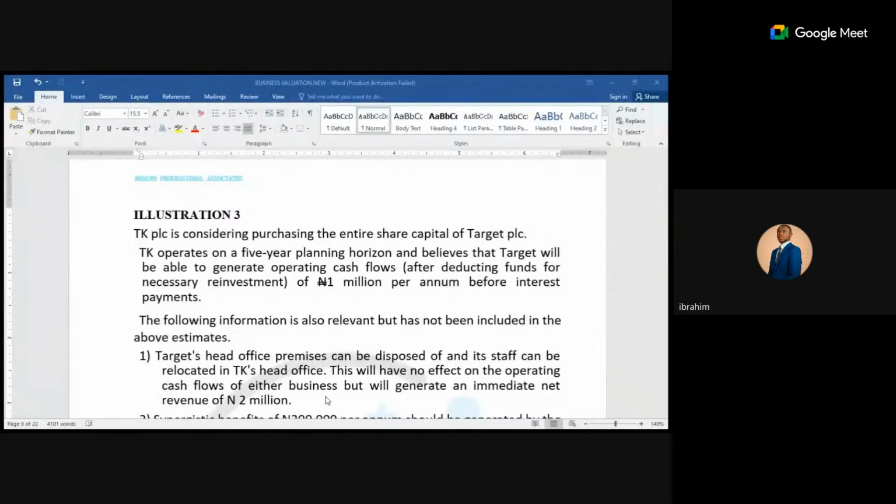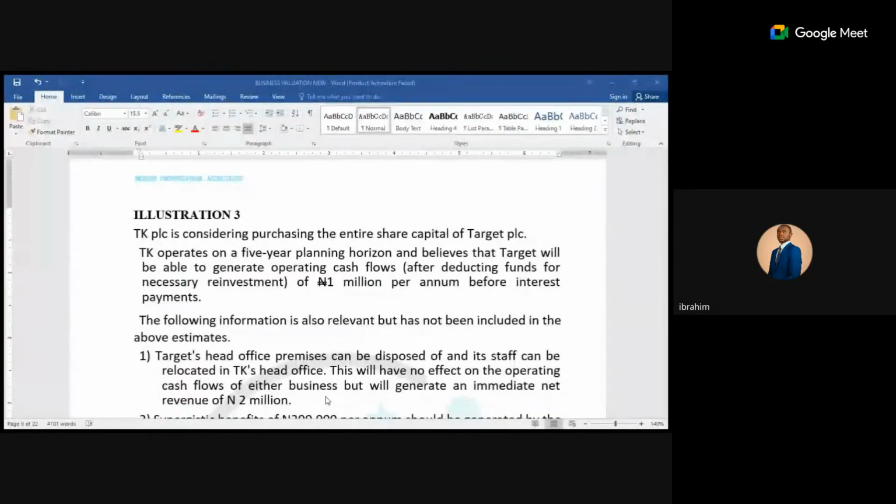Class, if you want to acquire company Z 100%, what you will be looking at is what this company will generate for you in the next 10 years or in the next 5 years. That will be the maximum amount you'll be willing to pay.